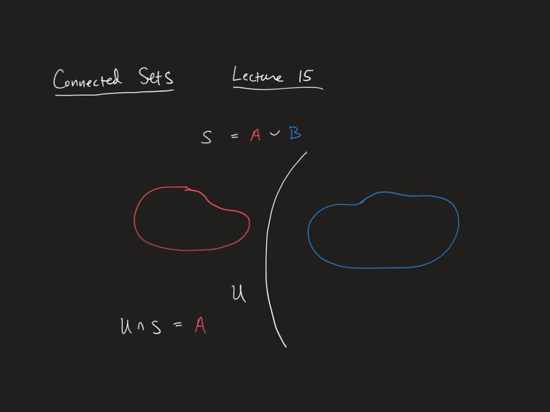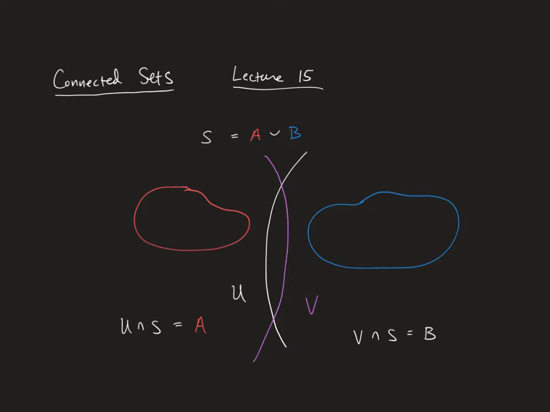So there's got to be some open set which insulates A from B. And also there has to be some other open set, say V, over here, which insulates B from A. If we take this set V and intersect with our set S, that gives us the B half of the set.